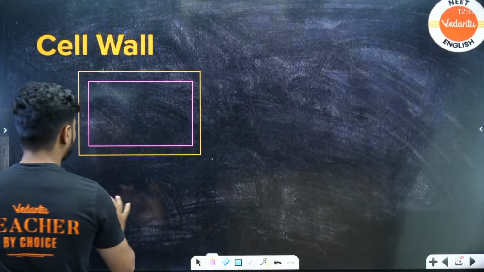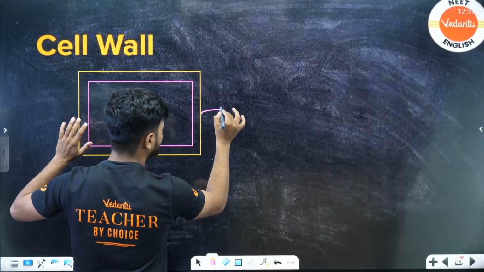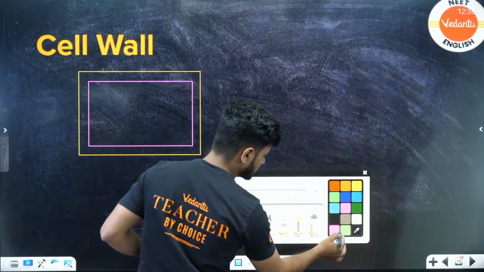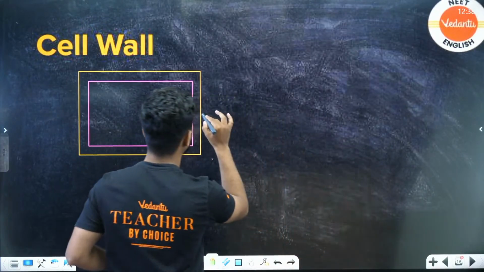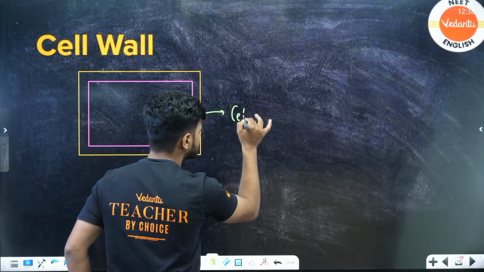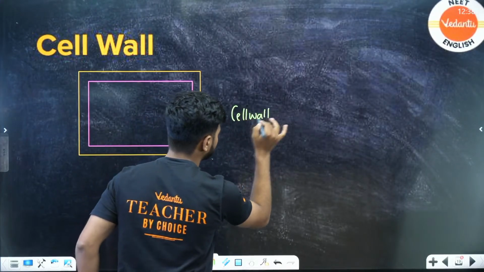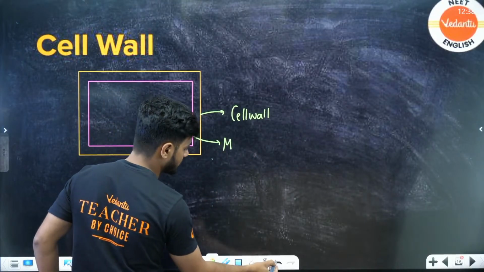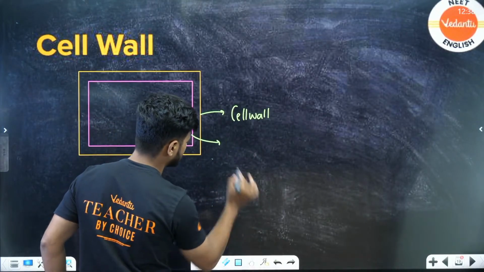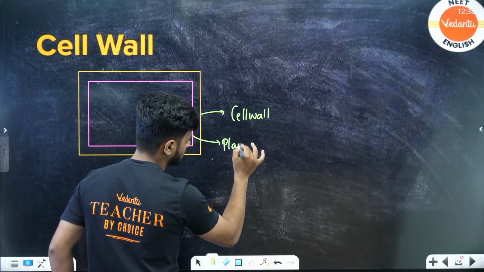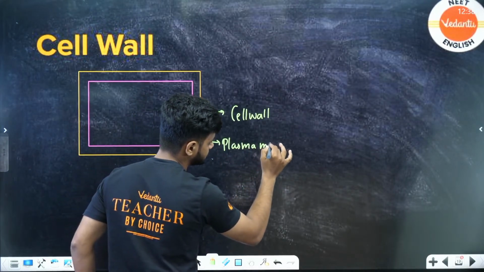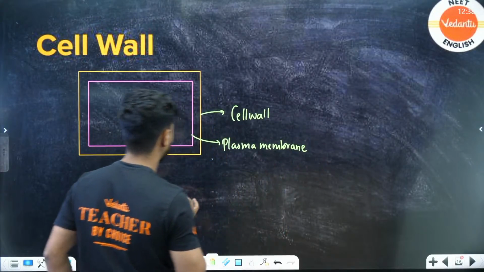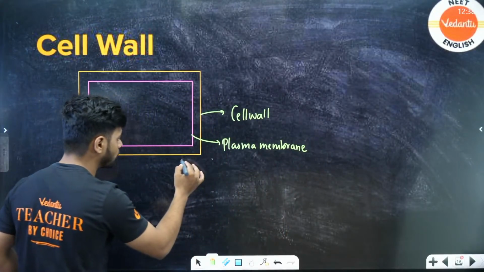So let me tell you, this outer layer is your cell wall. The inner layer is going to be what? Plasma membrane. Okay, it's plasma membrane. Now, can we focus on cell wall now?